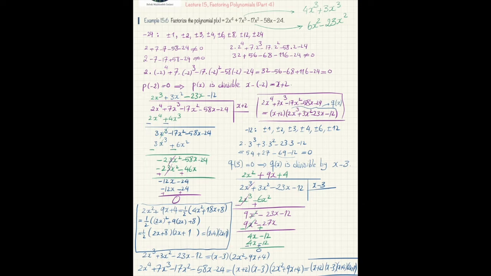And then this minus 58x, if you find it here, you need to write it as minus 46x minus 12x. So you see that this is really non-trivial, that I need to decompose these terms into these 3 terms.